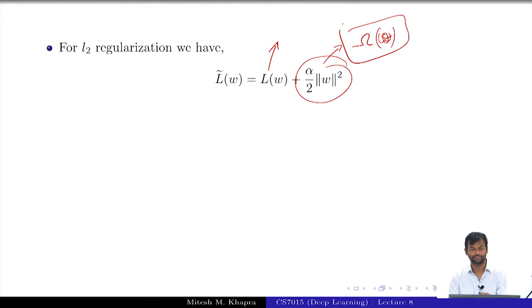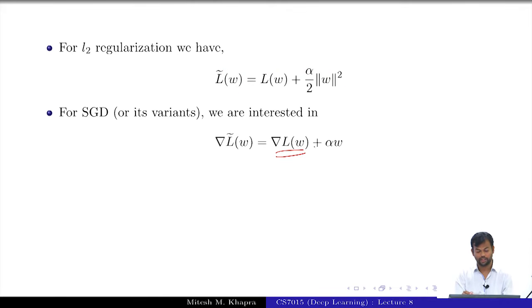Nothing, we have done it already. Gradient of this, which is a sum of the derivatives of the two quantities, of which you know one, right? You know this already. And what's the other one? Alpha W, right? So you see this L2 regularization. One reason why it is preferred is, imagine you have already written code for gradient descent.